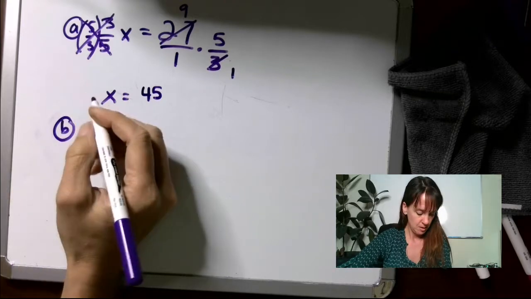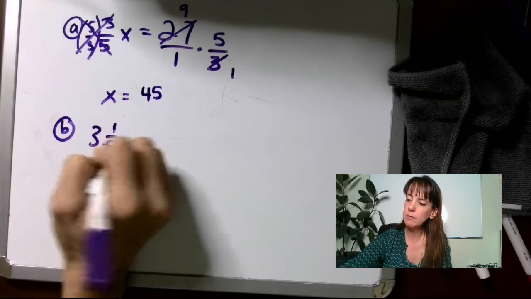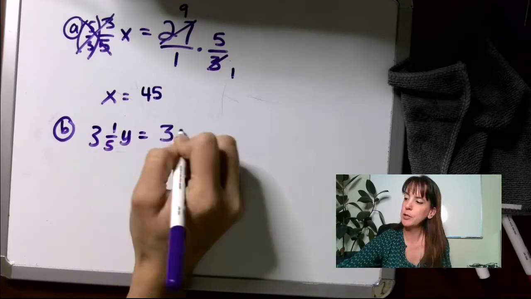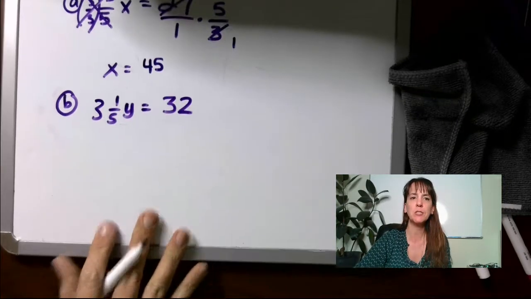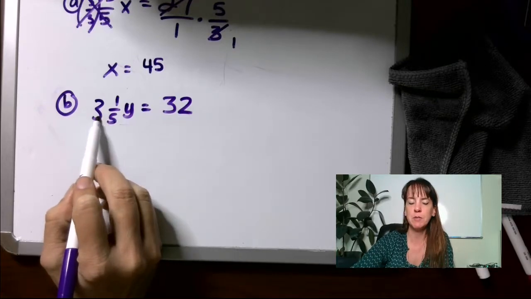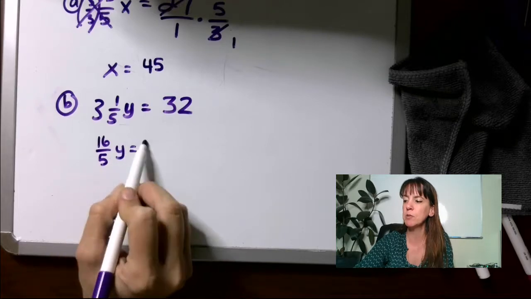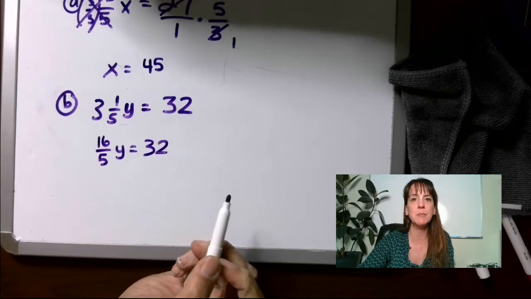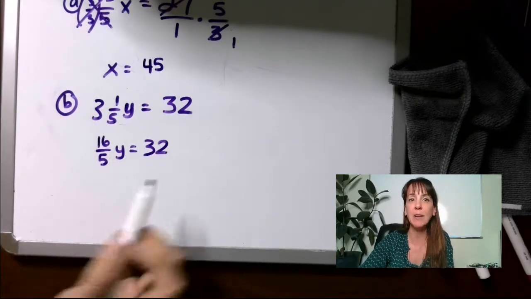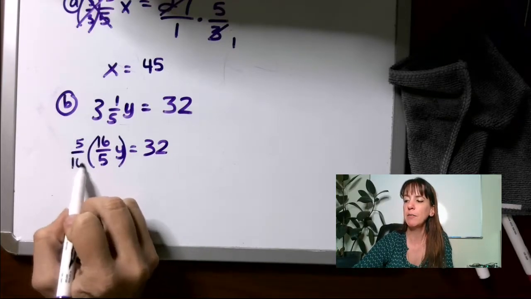B. 3 1/5 y equals 32. We're going to start by turning that into an improper fraction. 5 times 3 is 15, plus 1 more is 16, so 16/5 y equals 32. Just like we did up on A, we're going to multiply by the reciprocal, 5 over 16.